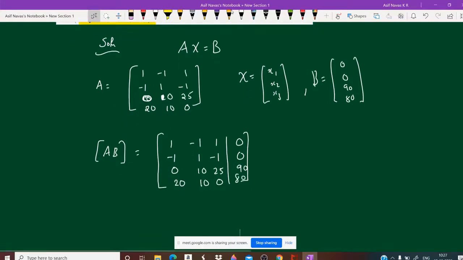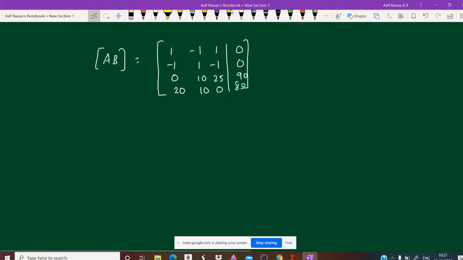We have to convert this into row echelon form, and you know how to convert this. So first we have to check what is the pivot. This is 1, a non-zero element, so this is the first pivot. So we write 1, minus 1, 1, 0.